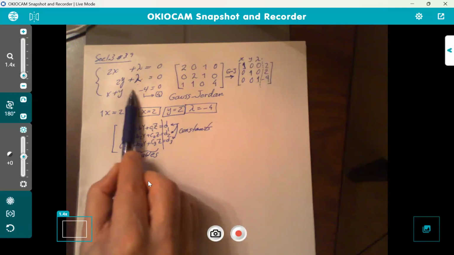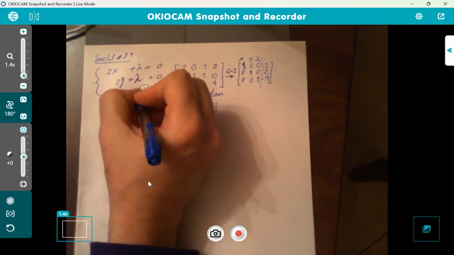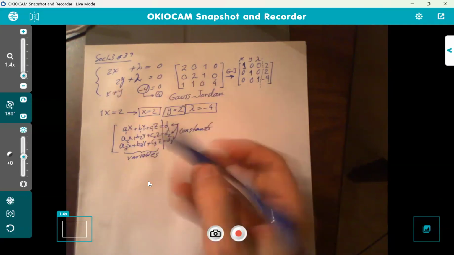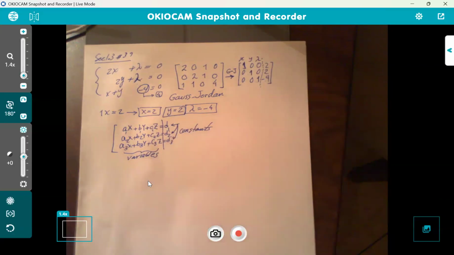Well, lambda's coefficient is 0, so they didn't write it. But then again, this constant is misplaced. See, by this convention, we have to have our constants on the right side. So that is the reason for the constant. We had to move it to the other side, to keep it in check with the general form of the system here.